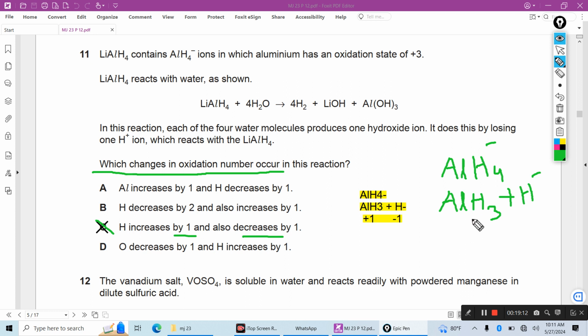So here hydrogen is plus, hydride minus 1, and hydrogen here 0. It does this by losing one hydrogen ion, losing one hydrogen ion means +1.